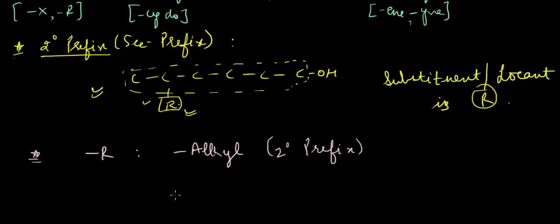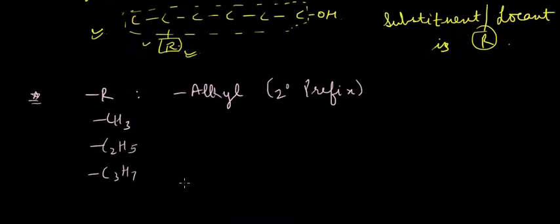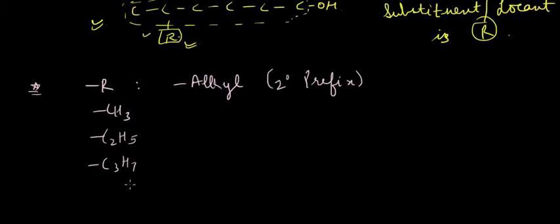So if we have CH3, C2H5, C3H7, or we have 2 CH3, these are all the various R substituents which we can have.